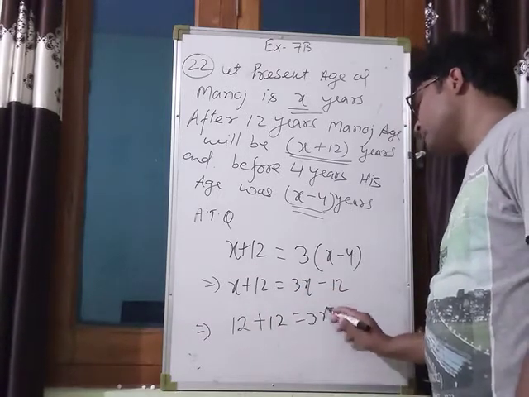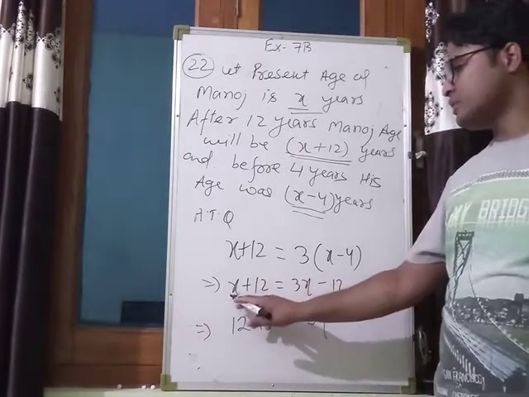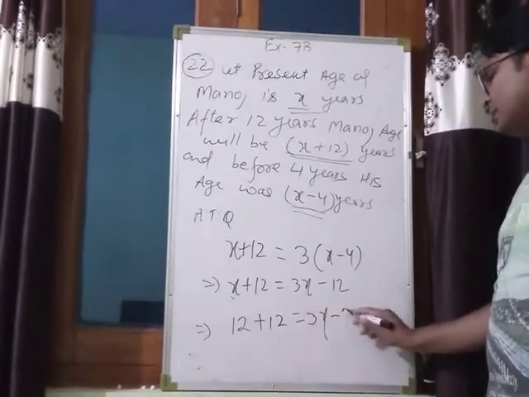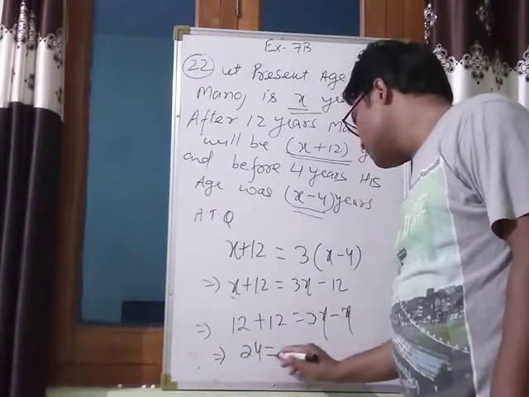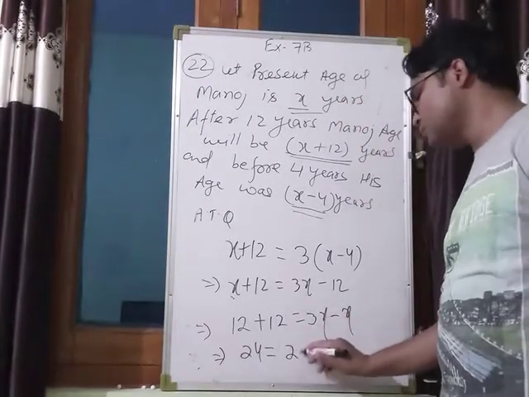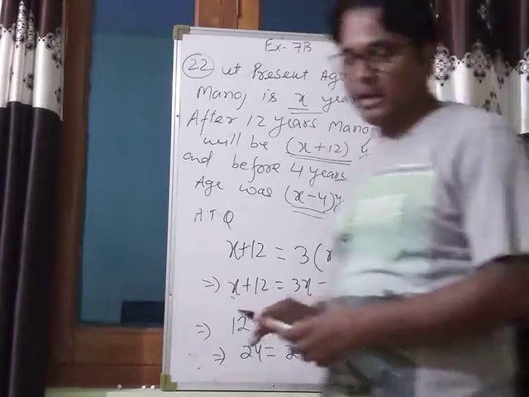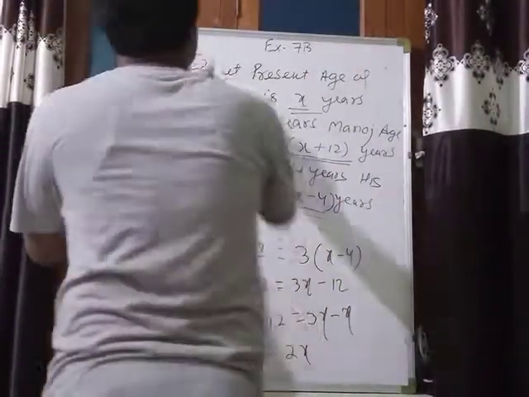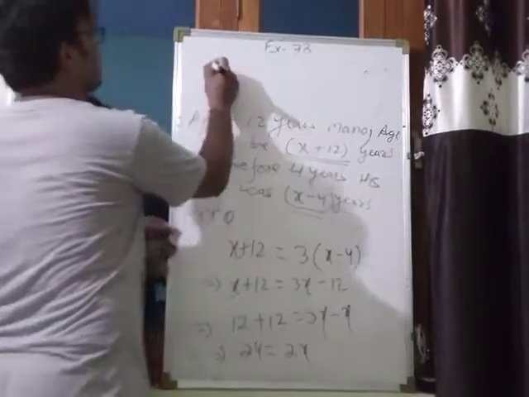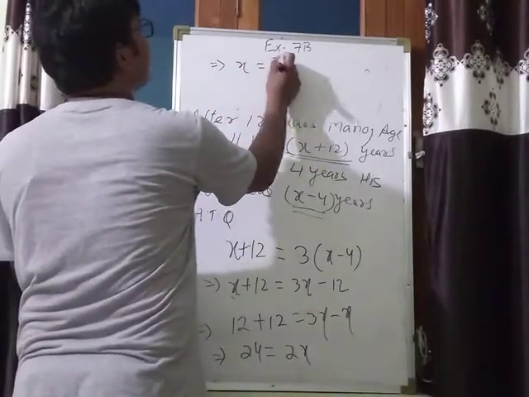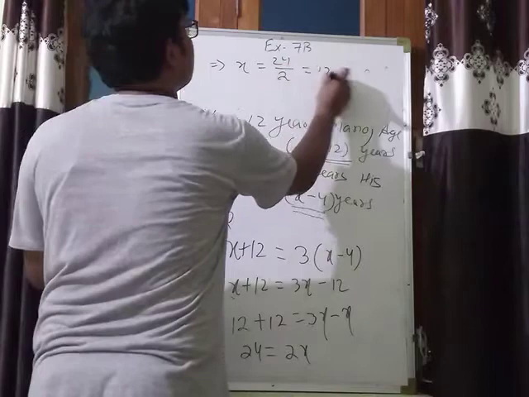That is 3X on the right side, and transfer this X to the right side, that is minus X. So clearly that is 24, and that will be 3X minus X, 2X. Then from here X is 24 divided by 2, that is 12.